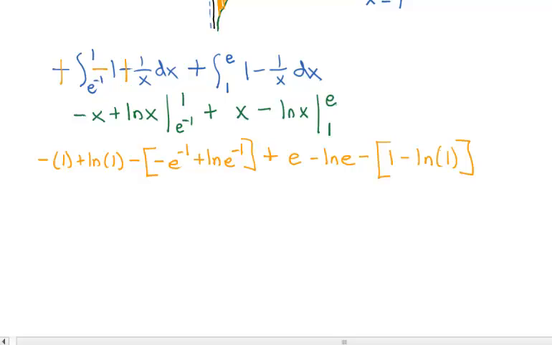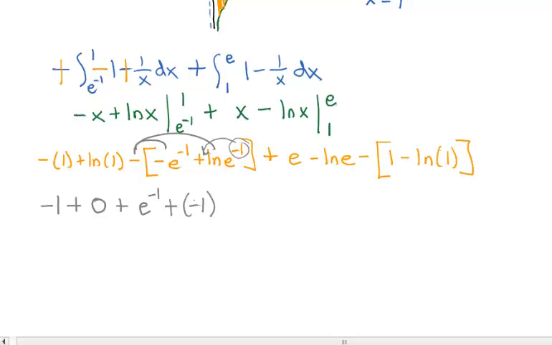This is going to clean up nicely. We've got negative 1 plus the natural log of 1 is 0, because e to the 0 is 1. Distributing the negative, we have plus e to the negative 1. Distribute the negative, we got minus the natural log of e to the negative 1. Bring that exponent out front, and we get a negative 1.